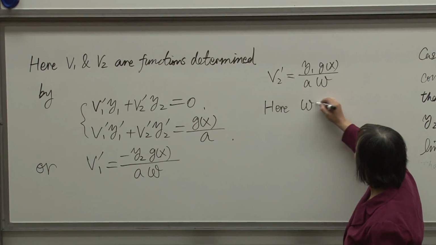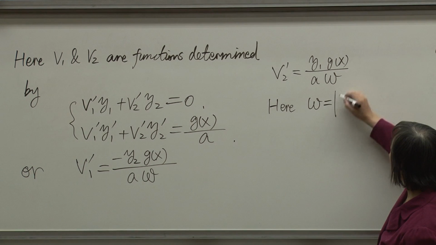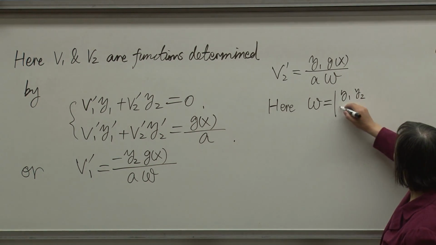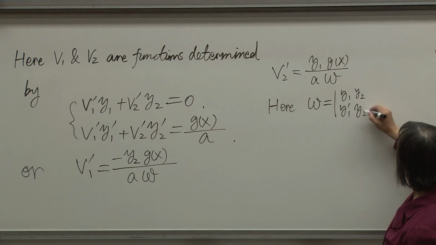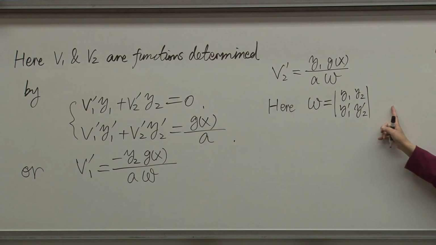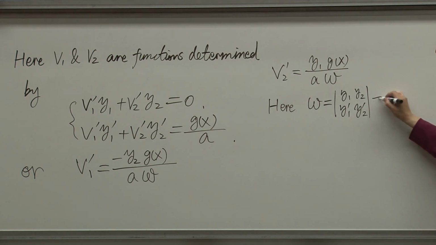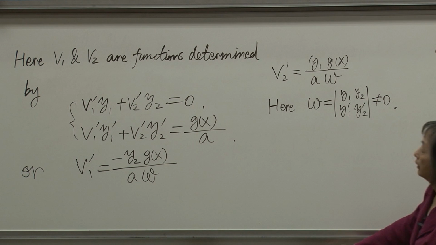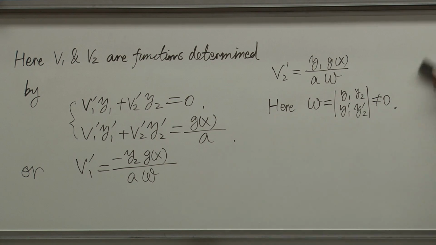So here, W is the Wronskian of y1, y2. That's why it's important for y1 and y2 to be linearly independent, because their Wronskian is not 0. Otherwise, these two equations would break down when the denominator is 0.